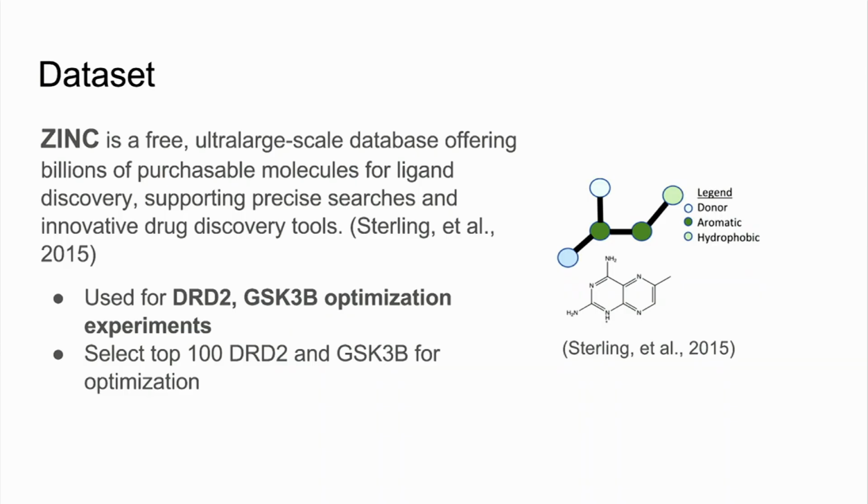Because we want to select those molecules that are more likely to inhibit these two, we calculate these two scores for all of the molecules in this data set, and we select the top about 100 for these two initial experiments.